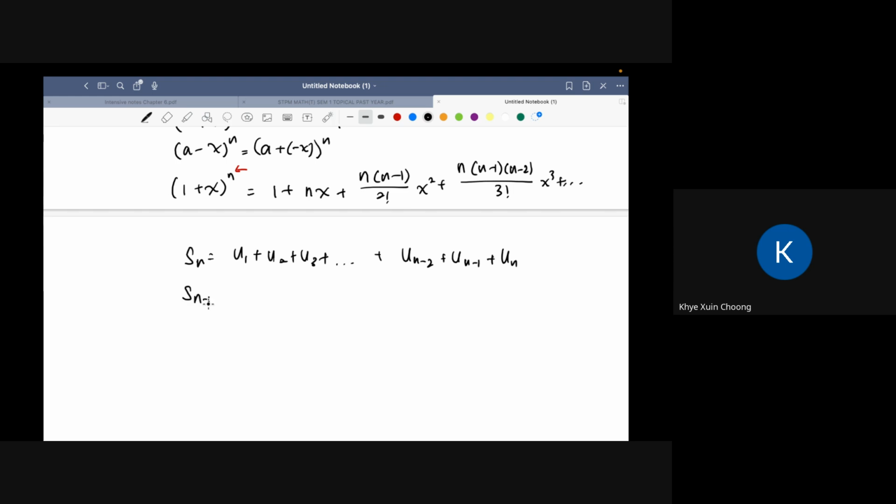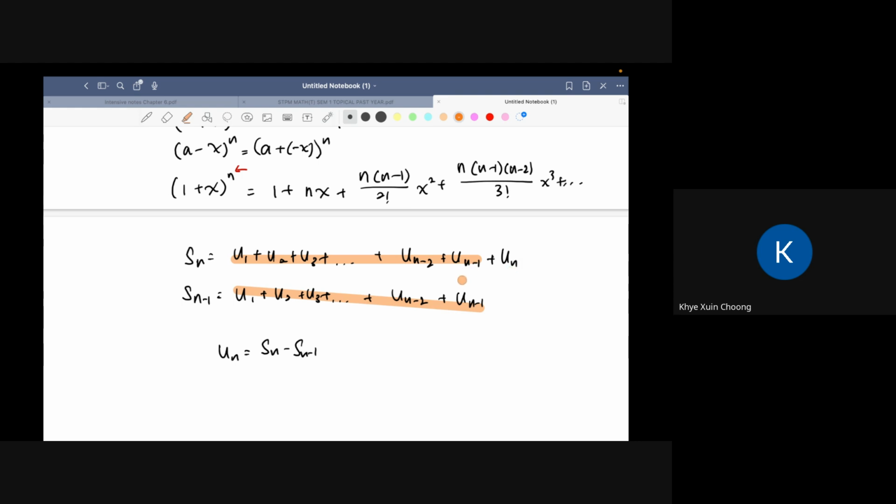If we have Sn minus 1, then it will be U1 plus U2 plus U3 plus dot dot dot until Un minus 2 plus Un minus 1. It's the sum until the n minus 1 term. So I say that Un equals to Sn minus Sn minus 1. If you take Sn minus Sn minus 1, the whole front part will cancel out and you are just left with one Un. So this formula is actually quite straightforward.